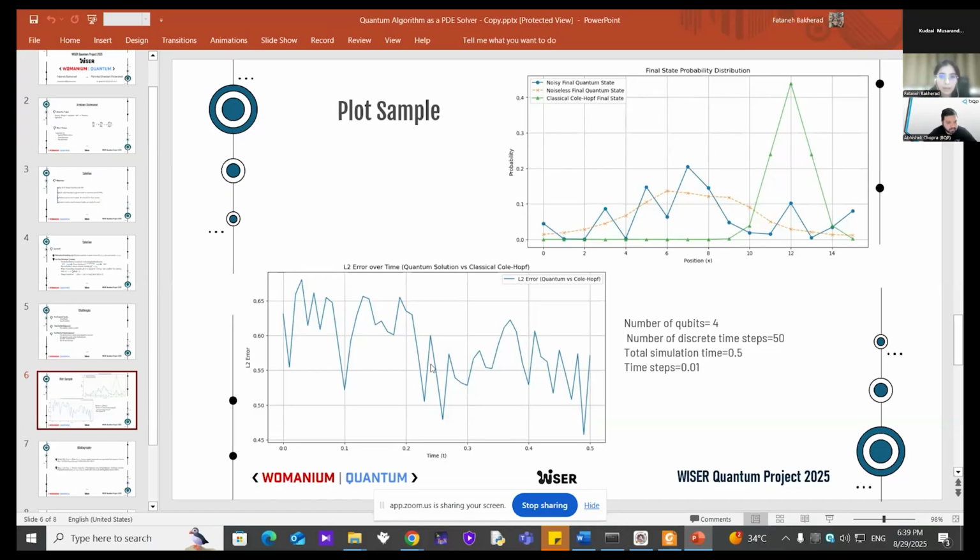And this is the L2 error, a difference between the quantum solution and the classical. Yeah. The interesting part is the noiseless simulator that you tested, which gives a good reference, tells me that something in the method itself needs to improve, but that's a good reference point. Thank you. I appreciate it.